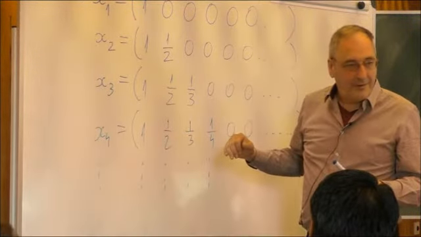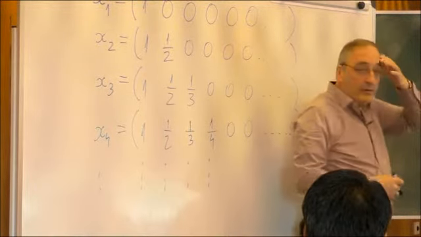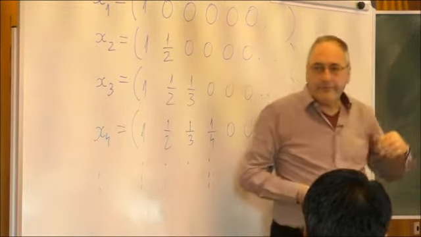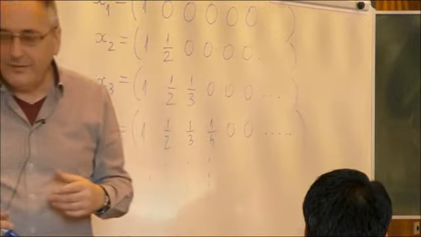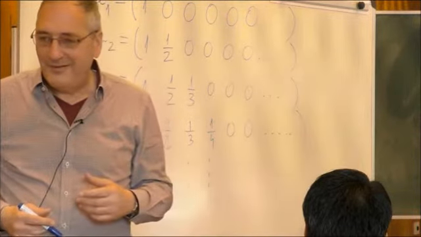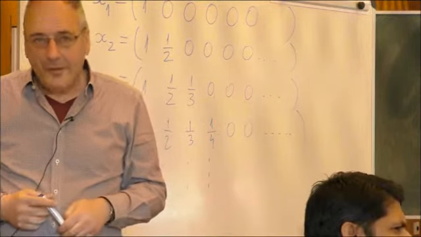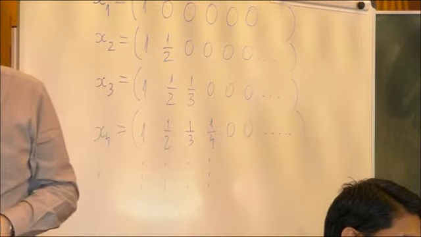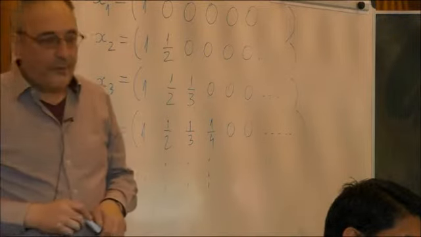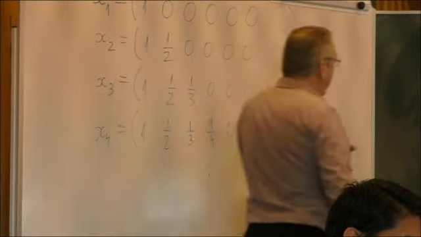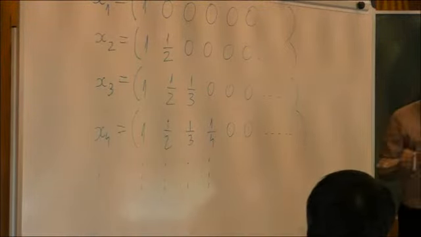A vector is a sequence. When I say vector, it's an element of a vector space, not a vector in the real world. We defined what a vector space is, and now we deal with this specific vector space, so any element of it is called a vector. Okay?